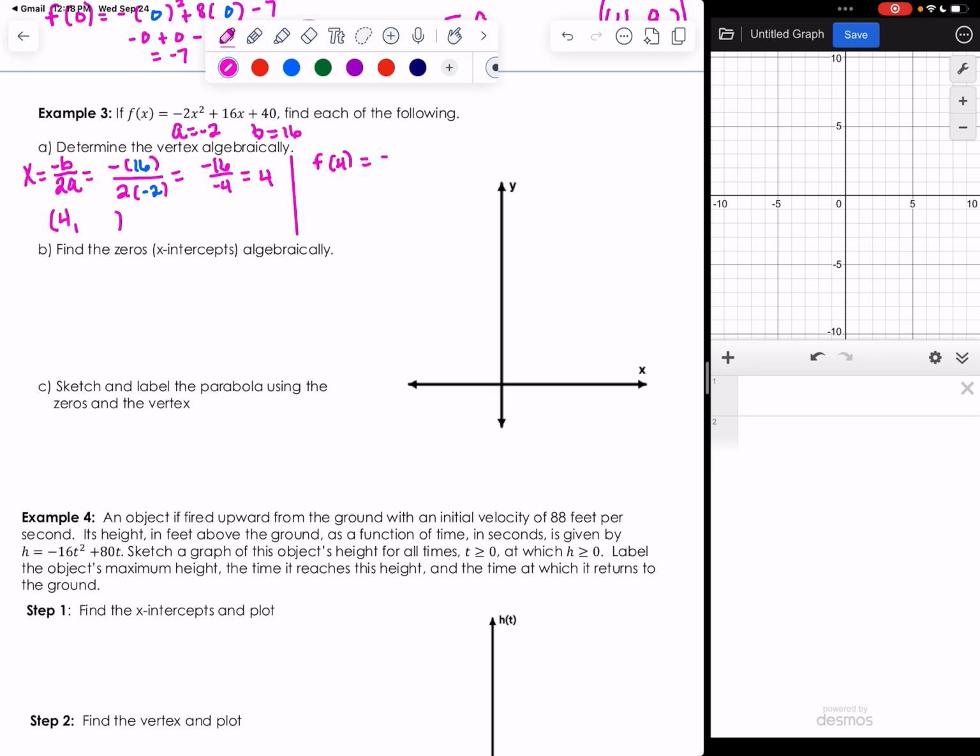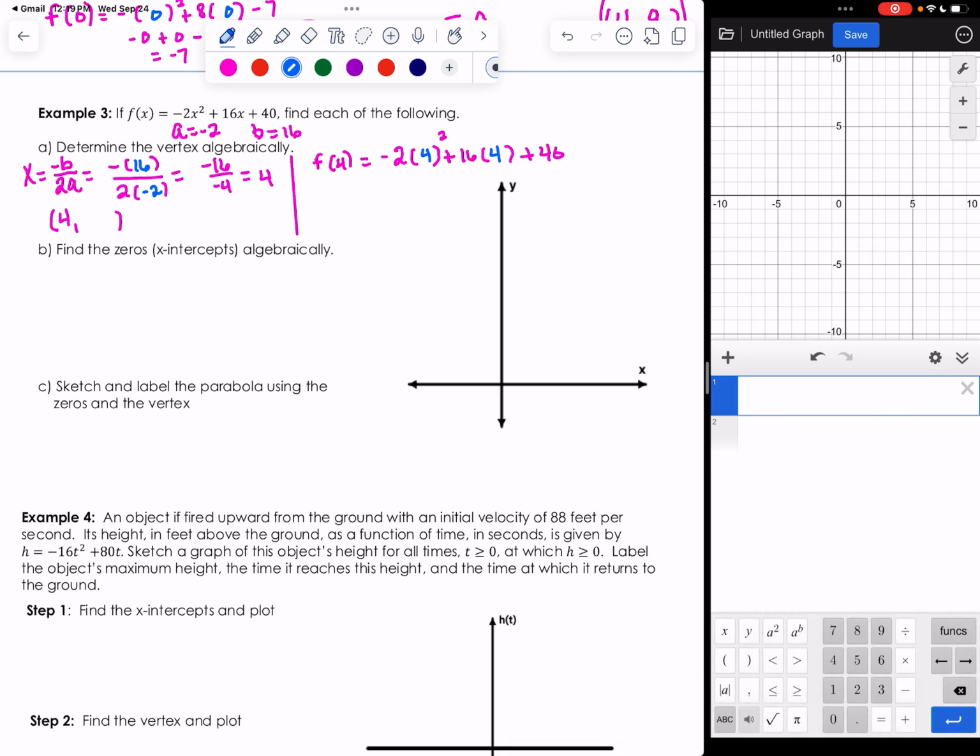So I'm going to replace all of my variables with parentheses. So negative 2 parentheses squared plus 16 parentheses plus 40. And I'll plug in a 4 here and here. Now, when my numbers are this big, I usually use my calculator. So I've got Desmos handy to kind of show you how I would type this in.